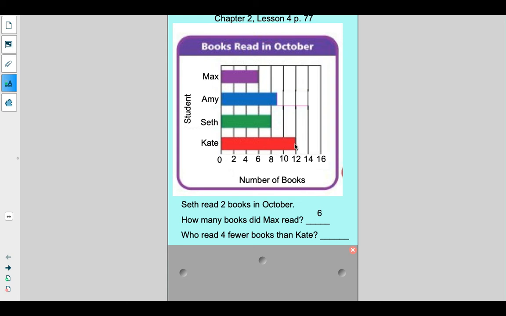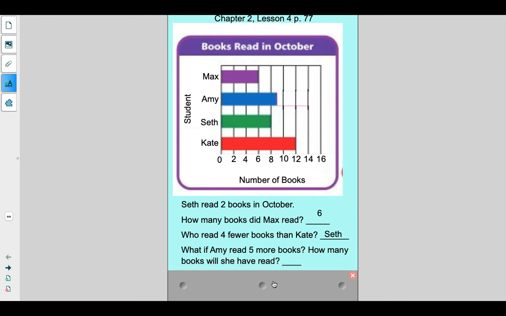So 12 minus 4 is 8. So who read 8 books? And the answer to that is Seth. All right, so let's put Seth here. See if I can move that. There we go. Seth.